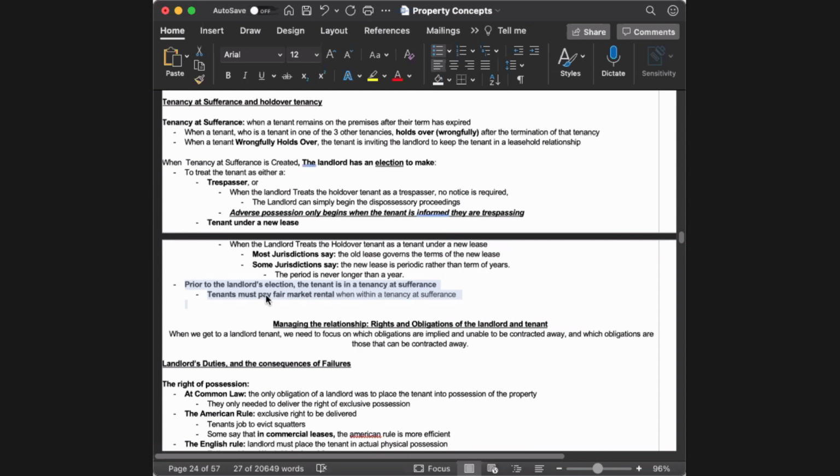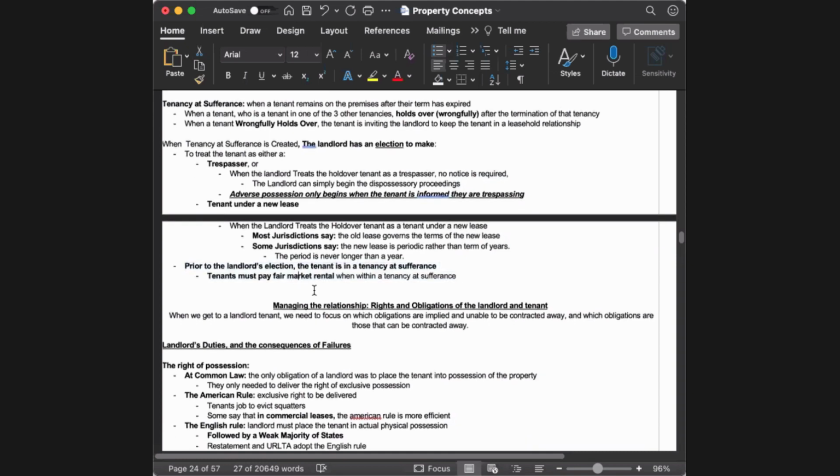But there is going to be a point where the courts start going, we're going to make the decision for you. That's less case law based and more courts getting really annoyed with landlords, so they will just make the call for them. And we're talking very long periods of time. This is also not an issue that you need to worry about on your exam, because it's going to be laid out pretty clearly what goes on.